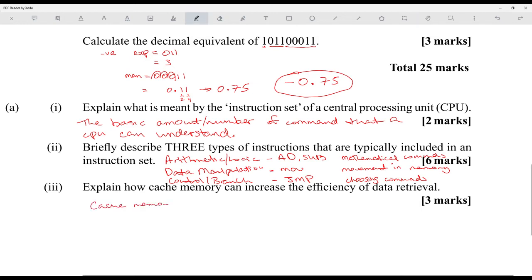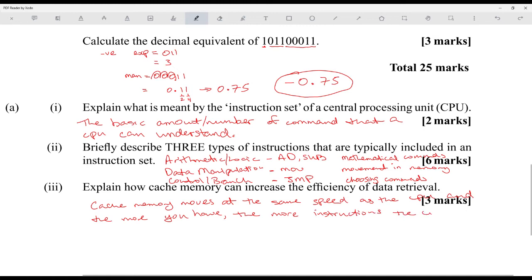Cache memory moves at the same speed as the CPU, and the more you have, the more instructions the CPU can fetch to be calculated/executed. Something like that, yeah. That should be okay.